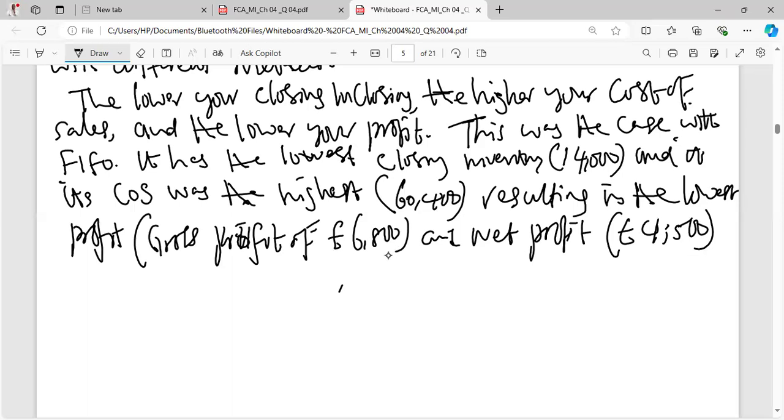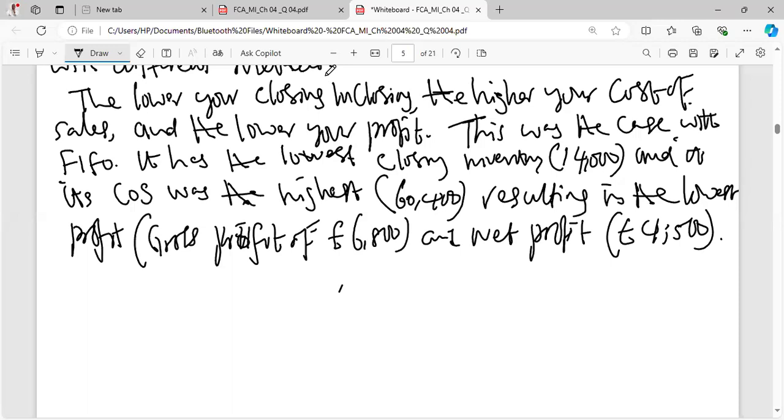So you see that conversely, if your closing stock is higher, as in the case of LIFO, your cost of sales will be lower, and that will increase your profit.